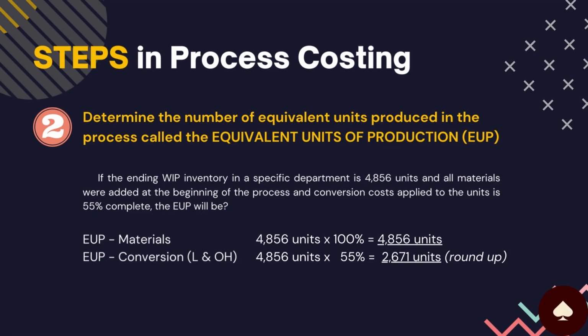On the other hand, since those 4,856 units are 55% finished as to conversion cost, that's why we multiply 4,856 units by 55% to get the EUP for conversion cost, which will result in 2,670.8.